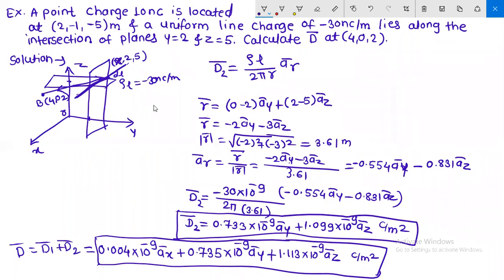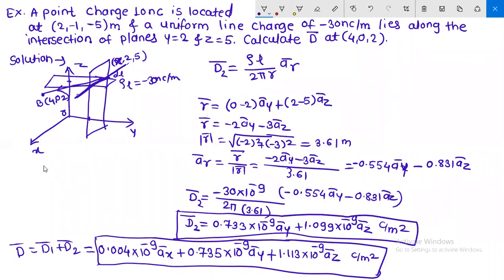And for sheet charge, if the sheet is perpendicular to a respective axis, then the normal unit vector or perpendicular unit vector will be that axis only. If the point where we have to find electric flux density or intensity is given in the positive direction, then you can write a positive unit vector.